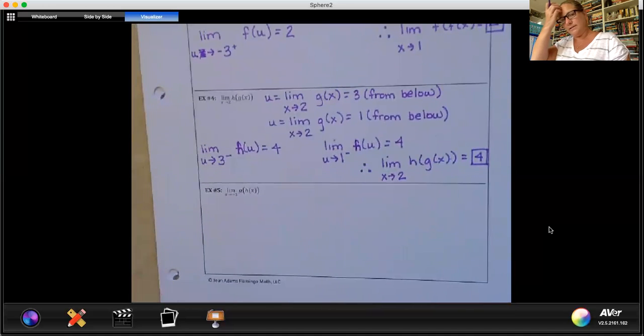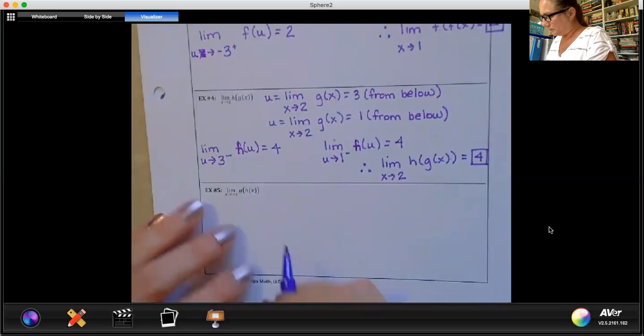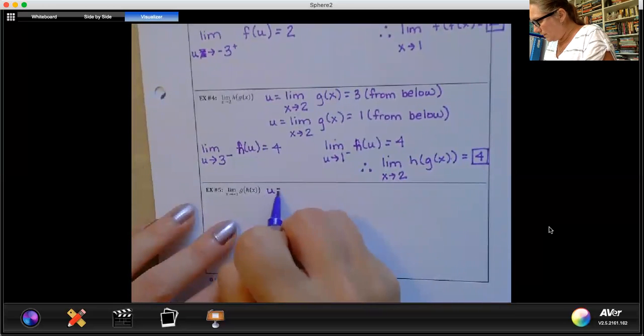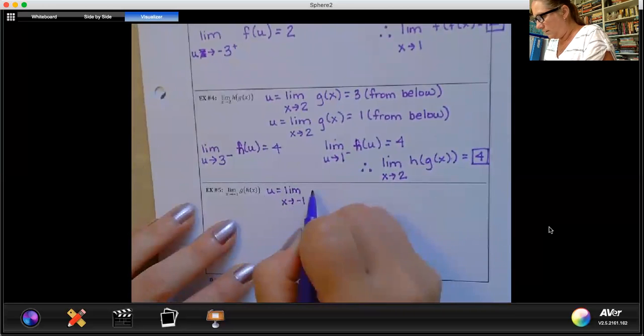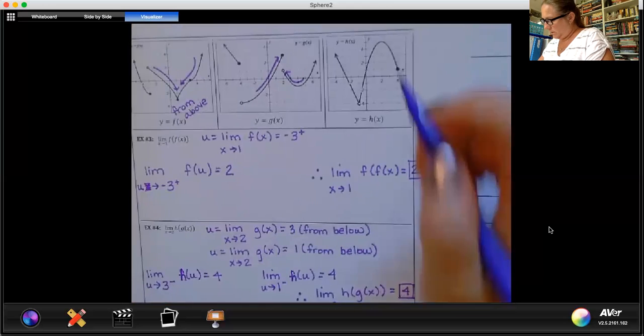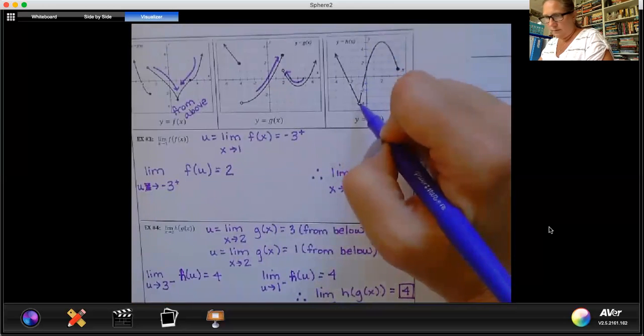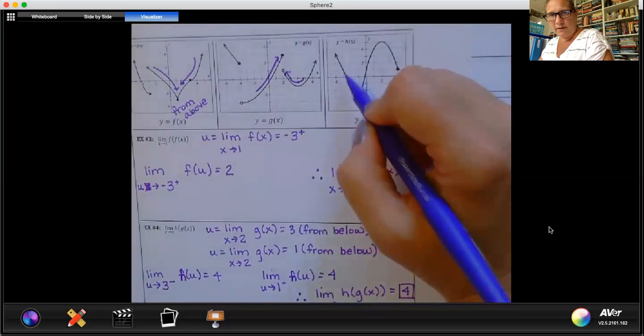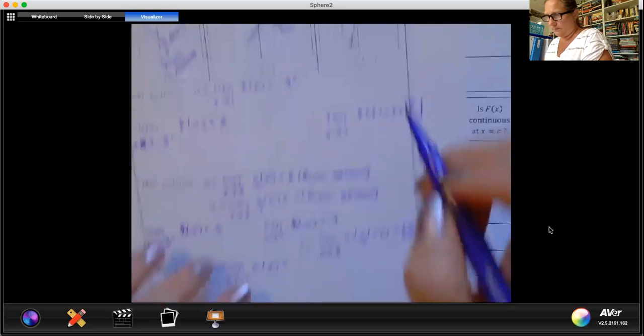If you would like to pause this video and try example 5 by yourself, you're welcome to do so. U is equal to the limit as x approaches -1 of h of x. Approaching -1 is -4. You get there from above.